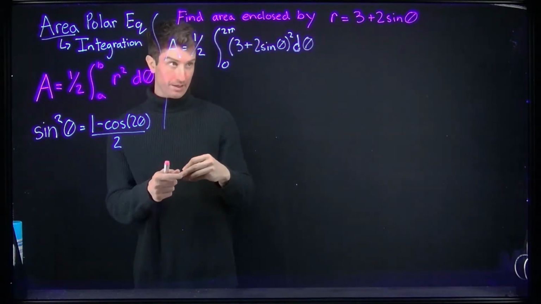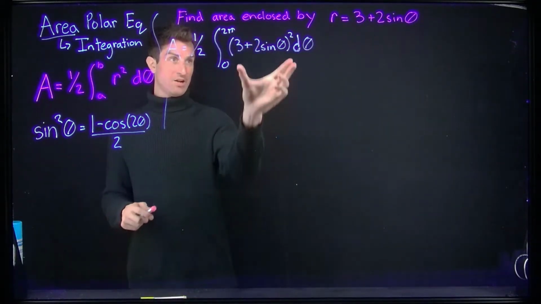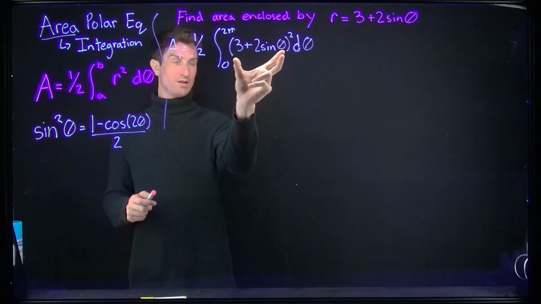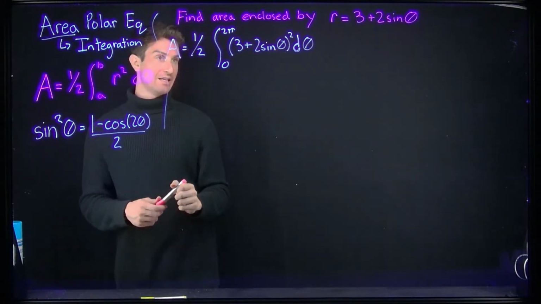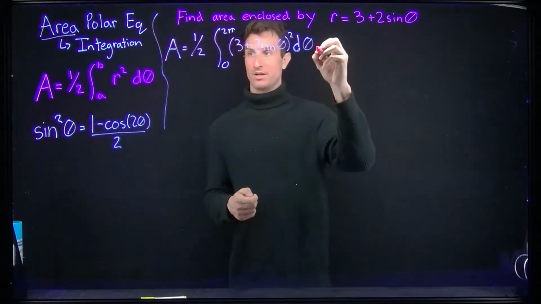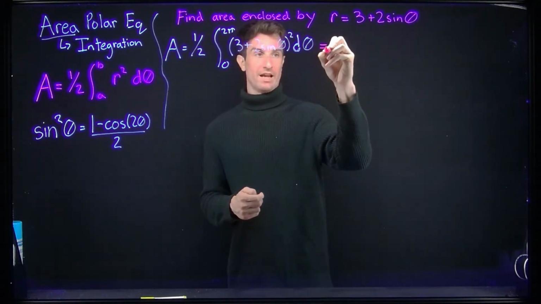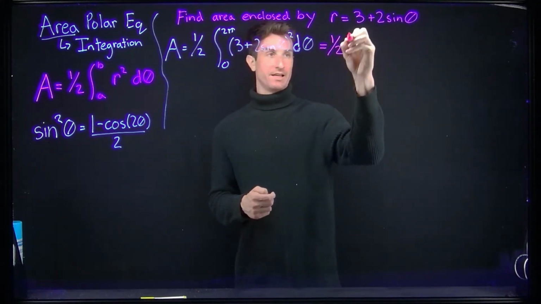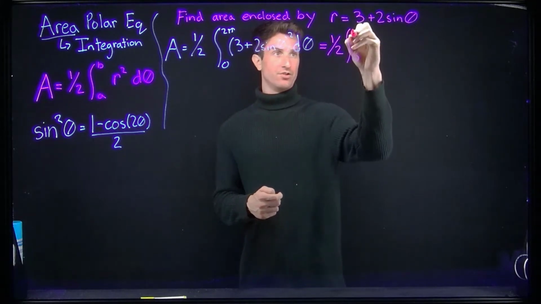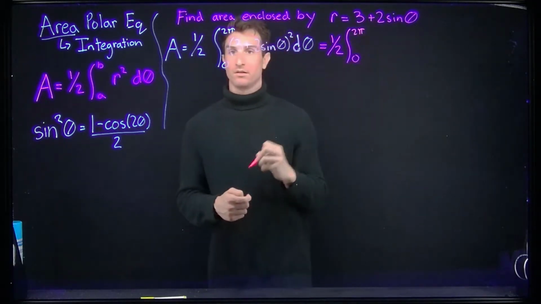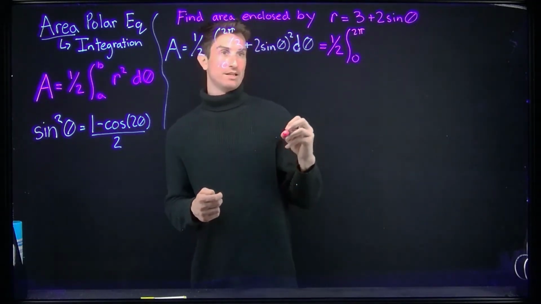Right? Okay, so we have a little bit of algebra to do here because we have to square 3 plus 2 sine of theta. So I'm just going to write it over here. We still have that 1/2 hanging on the outside. We still have 0 to 2 pi. I'm going to try to write so you guys can read it and I don't cover it up.